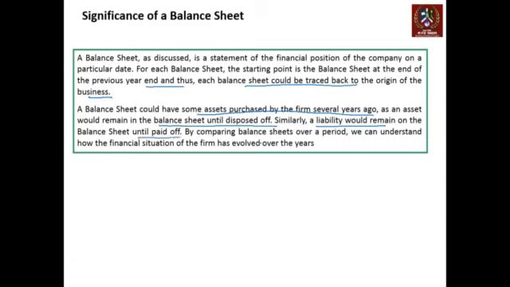By comparing balance sheets over periods, we can understand how the financial situation of the firm has evolved over the years. In contrast, if you look at the P&L statement or the cash flow statement, they give you data only for that year.